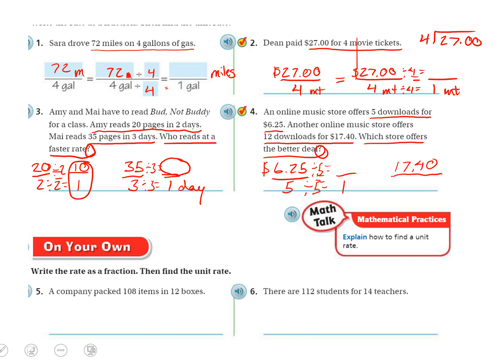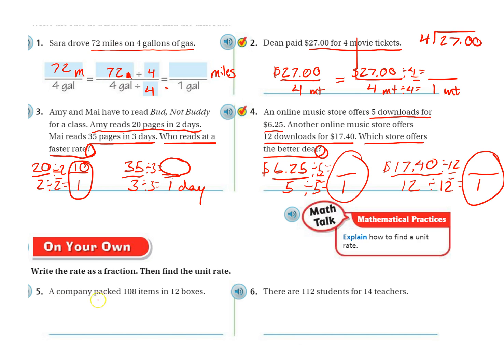So $17.40 on top for 12 downloads, and we want to find how much for 1 download. So again, I divide by 12. 12 divided by 12 gives me 1. And then I'm going to divide the numerator by 12 as well. That will tell me how much it costs for 1 download at each of the stores. And then I can see which one is cheaper.